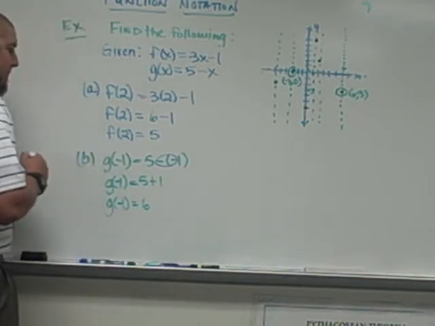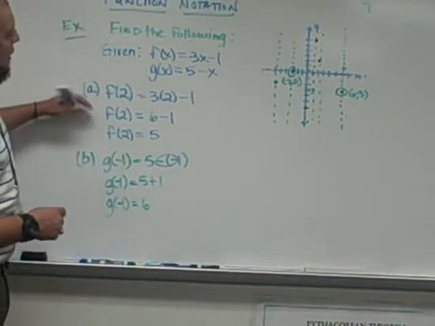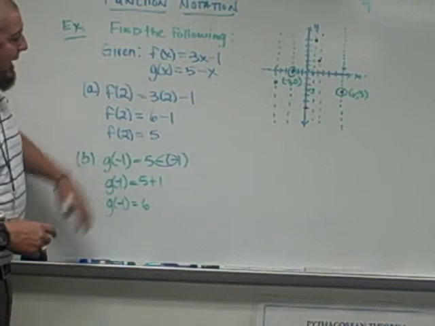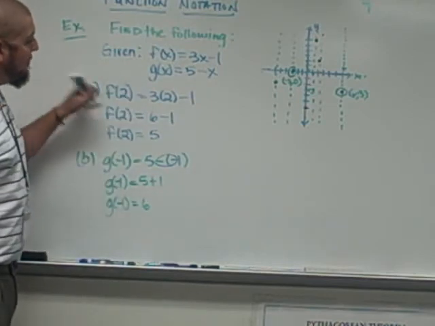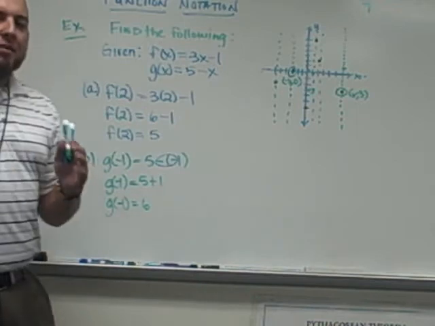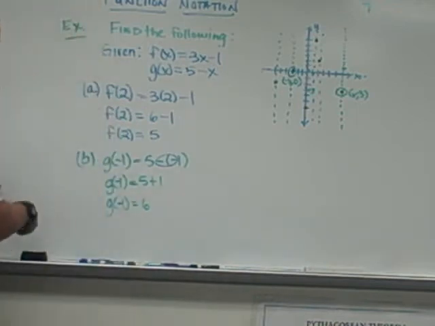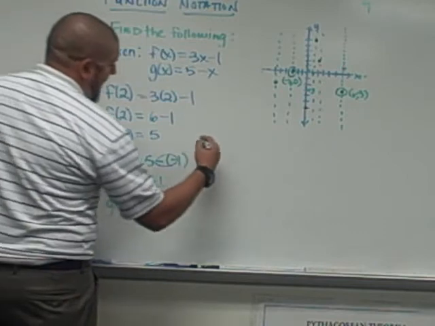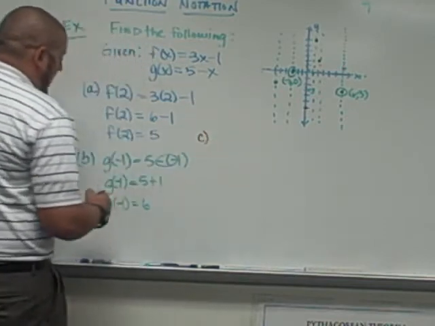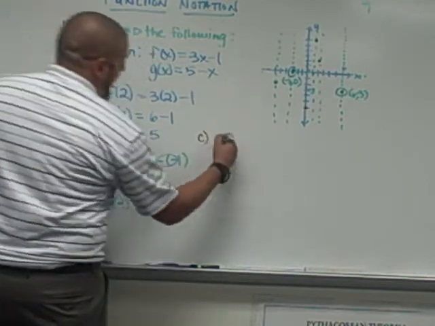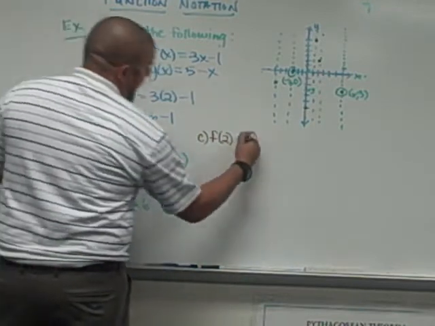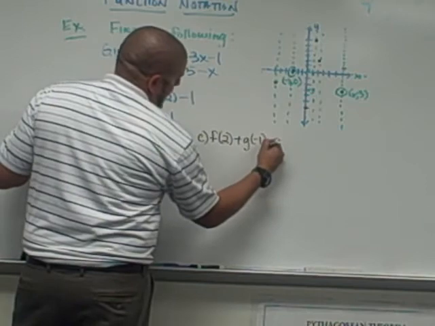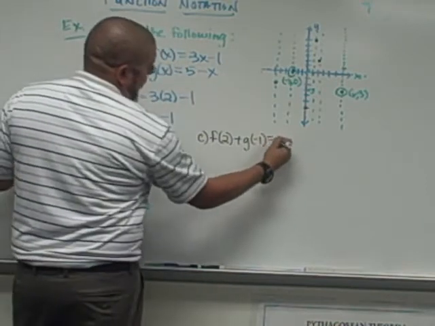Okay? So now I've found a function for f and a function for g, and I knew where to go because it told me g of negative 1, go to the g function. F of 2, go to the f function. Now, every now and then they'll throw some other stuff in, like this. What happens if the problem says, and this is our very last example, what happens if the problem says f of 2 plus g of negative 1 equals.